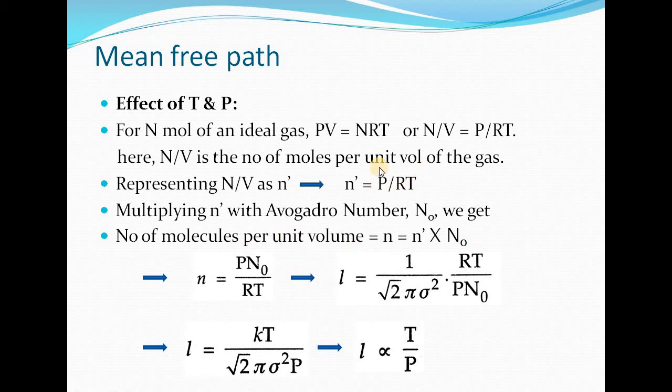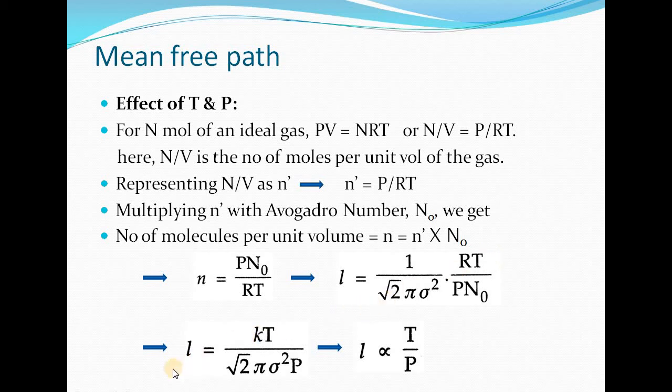So multiplying this P by RT by Avogadro number, we get the number of molecules per centimeter cube of the gas. So L will be equal to 1 by root 2 pi sigma square n, where we put the value of n equal to P N naught by RT.